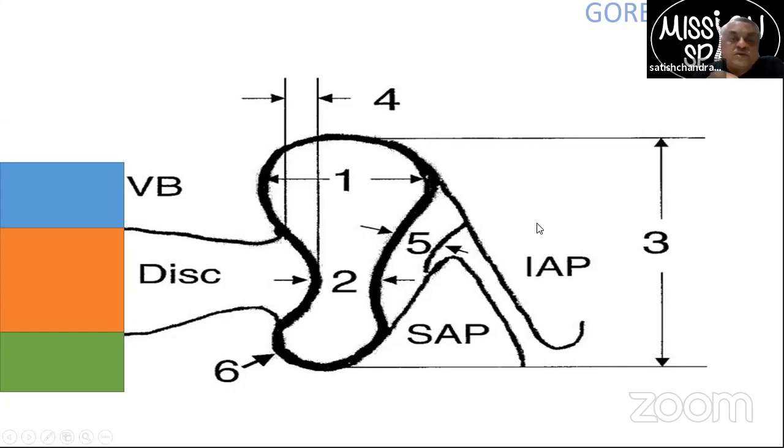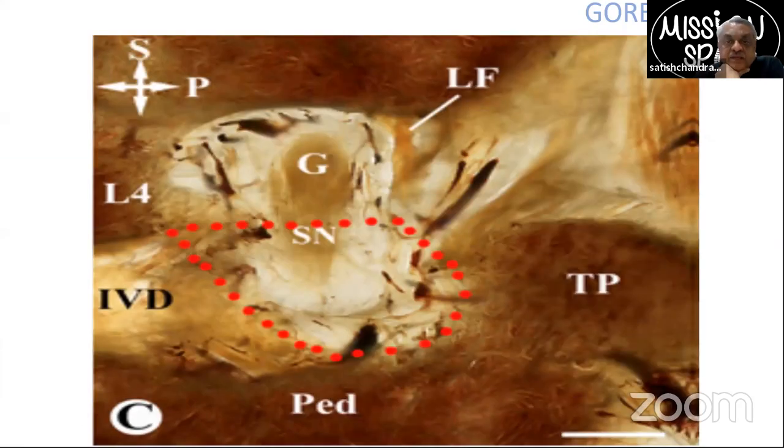So here what we are looking at is a picture of the foramen in the sagittal plane. Then we go to a cadaver section where we will see the same thing again, and you will find that the red outline or the red dots are showing you the lower part of the foramen. The upper part with the G is the ganglion.